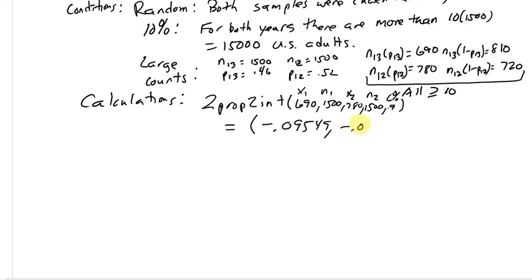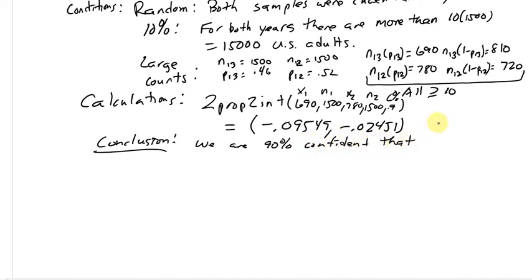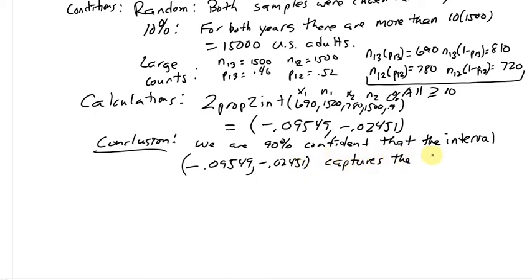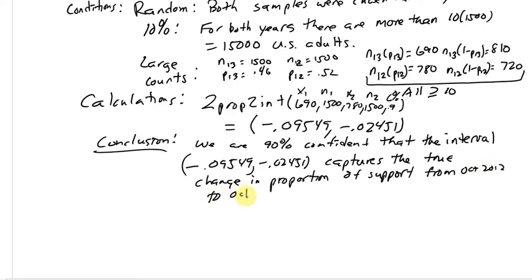And our conclusion here, because we have to interpret this confidence interval: we are 90% confident that the interval negative 0.09549 to negative 0.02451 captures the true change in proportion of support from October 2012 to October 2013. So we've answered that question.